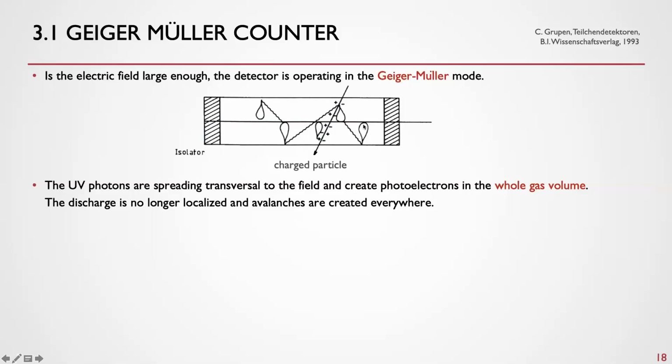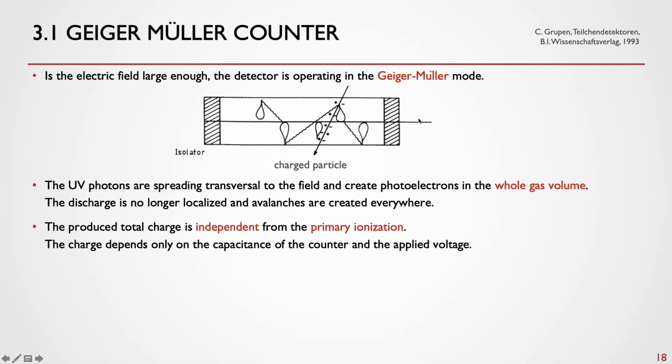The electric field is here from the wire to the cylinder, so in radial detection, and the discharge is, after a very short formation time, no longer localized. Avalanches are created everywhere. The total charge is completely independent of the primary ionization, so this large-scale discharge is triggered and then proceeds.